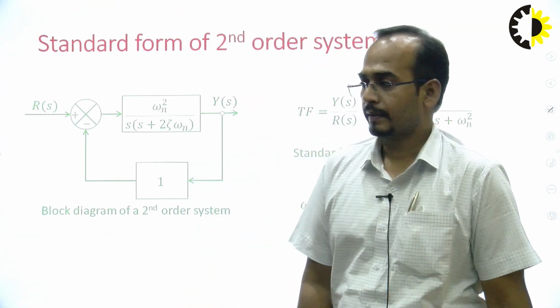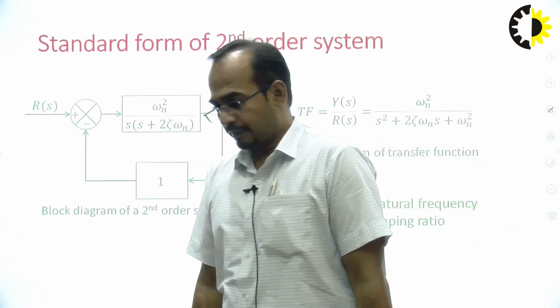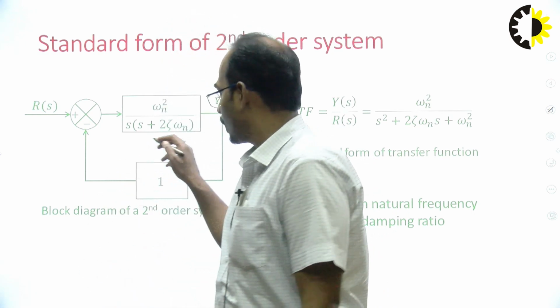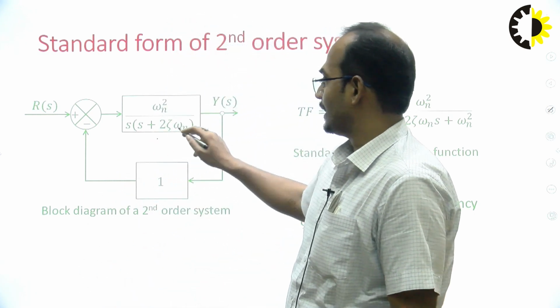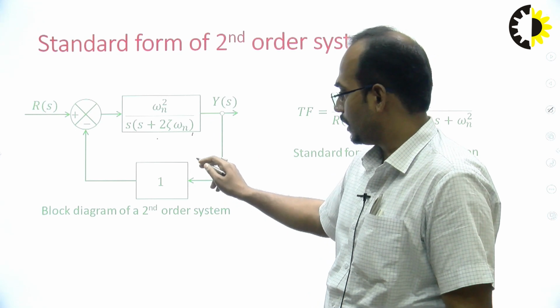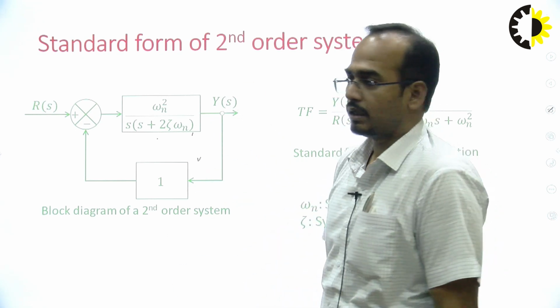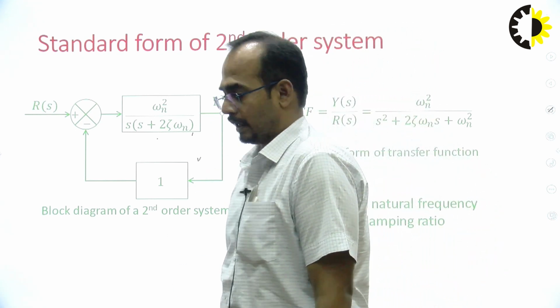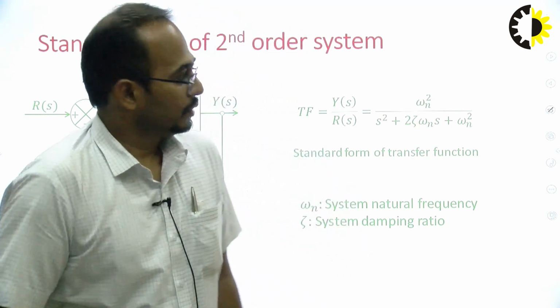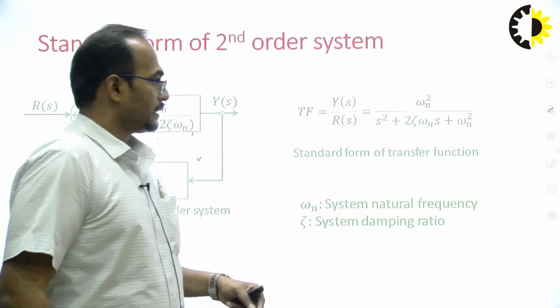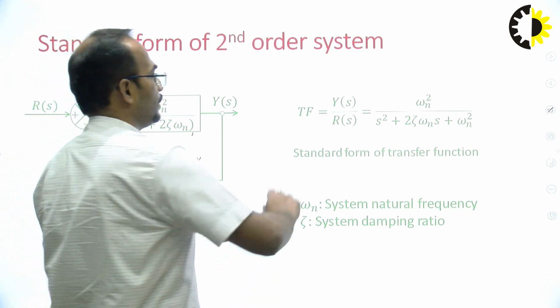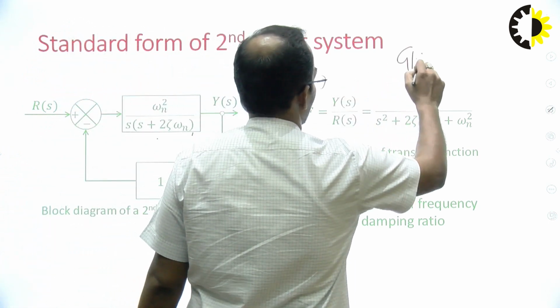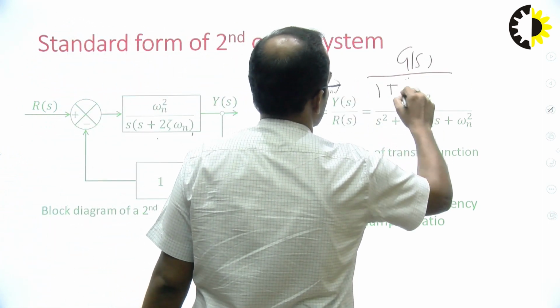Now, what is the block diagram of this second order system? This is the forward path, omega n square upon s into (s plus 2 zeta omega n), and unity feedback is the feedback path. So, what will be the value of Y(s) by R(s)? Y(s) by R(s) can be calculated by using the formula G(s) by 1 plus G(s)H(s).